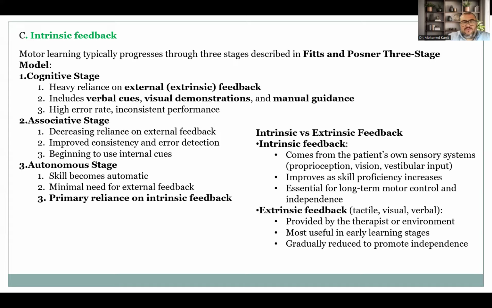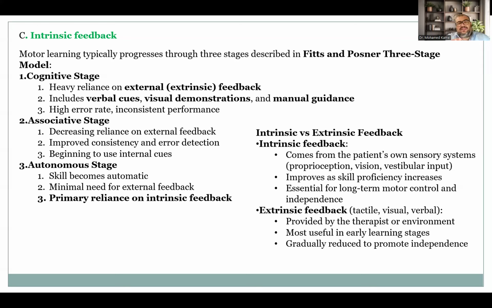So now I have mentioned intrinsic feedback, extrinsic feedback. What is the difference? Intrinsic feedback comes from the patient's own sensory systems: proprioception, vision, vestibular input. Okay, and this should improve as the skill proficiency increases.